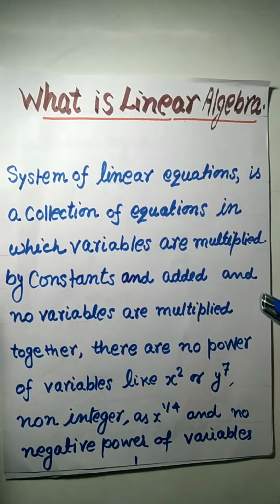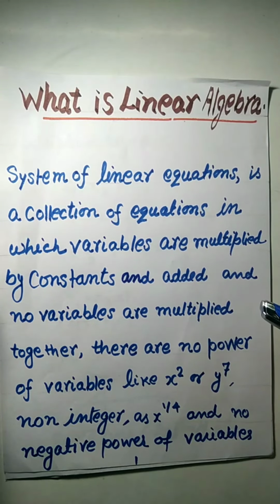In a system of linear equations, we will consider the characterization of solutions: whether a solution exists or not, how many solutions there are, how the solution set looks, and what the solutions are.